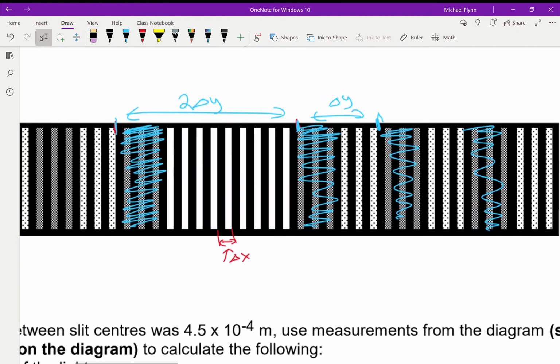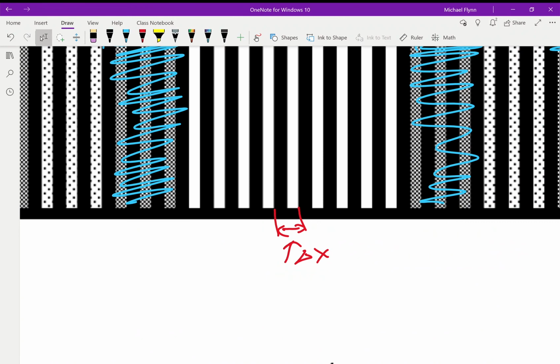All right, I'm going to erase this, if it will stop lagging on me. I'm going to tell you that the distance from here to here, and I've done this on purpose, is 2.81.